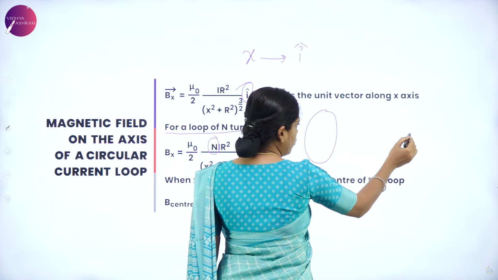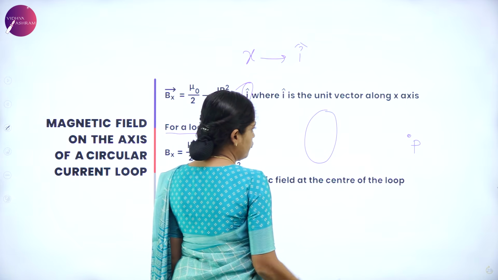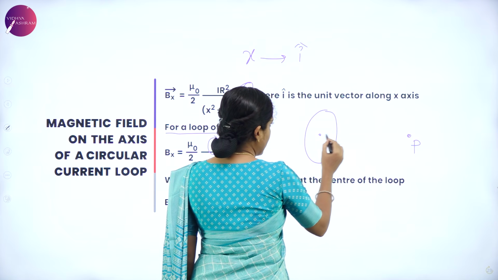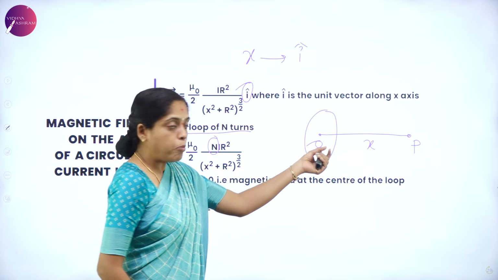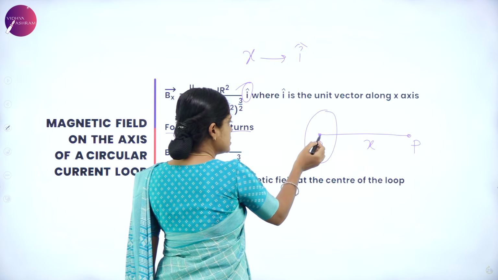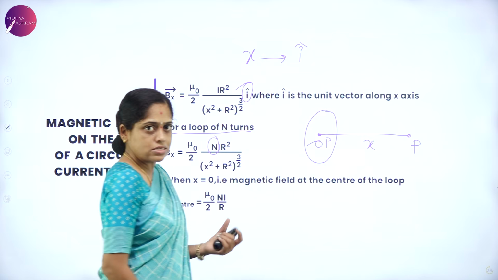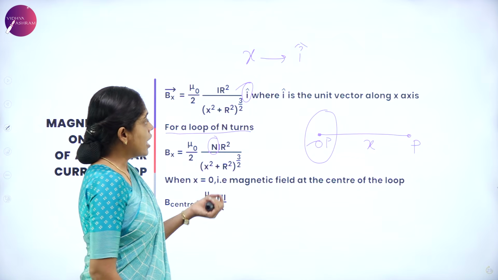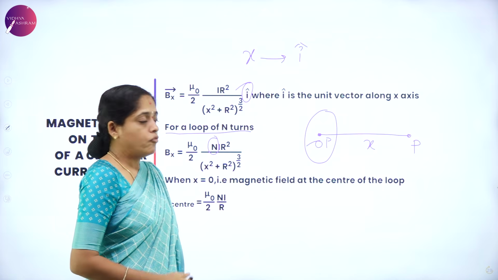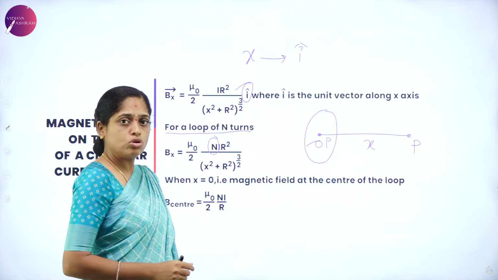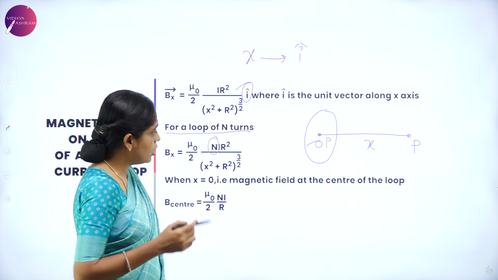So we found the expression for the magnetic field at point P, which lies at a distance x from the center. If the point P is considered at the center, what is the magnetic field due to the circular current carrying loop?